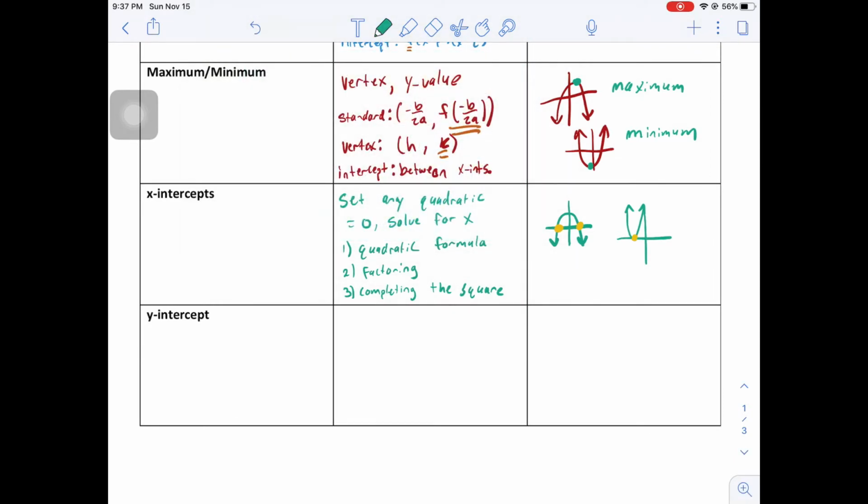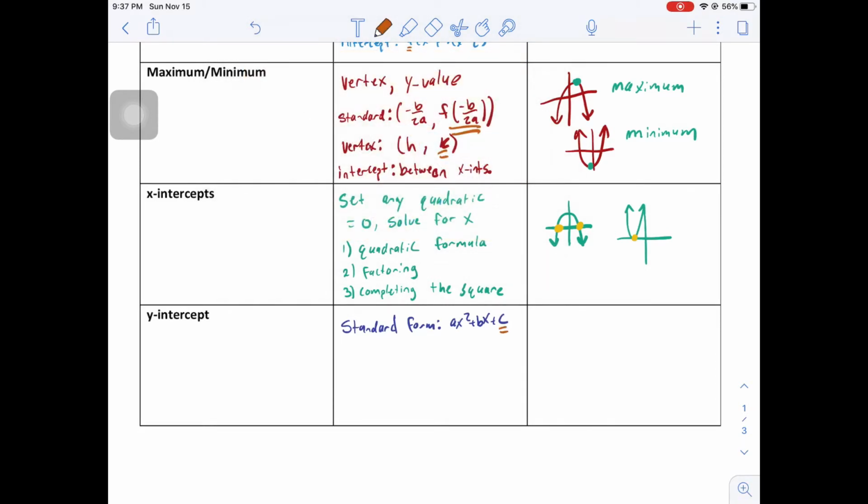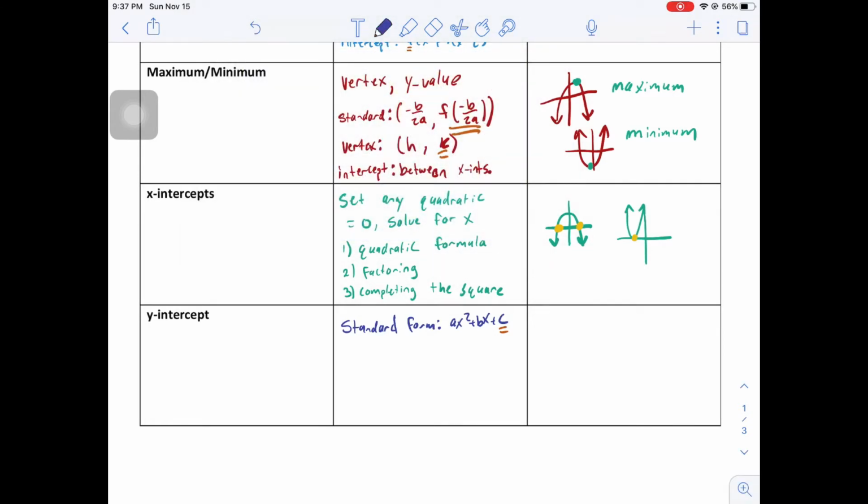And last but not least, we have the y-intercept. So where does this show up? When we are in standard form, hopefully you remember it's just the c value, so ax squared plus bx plus c. The c value is always the y-intercept, right?